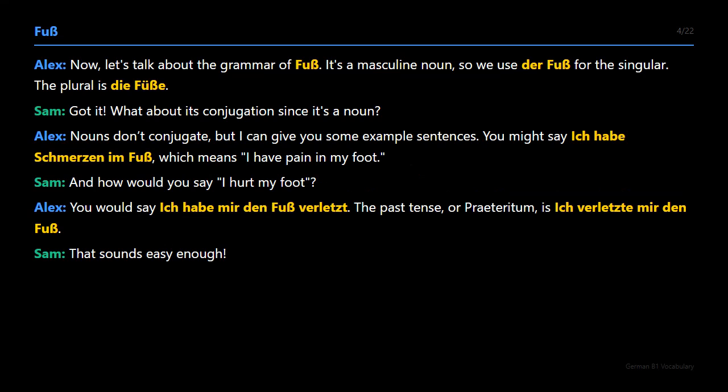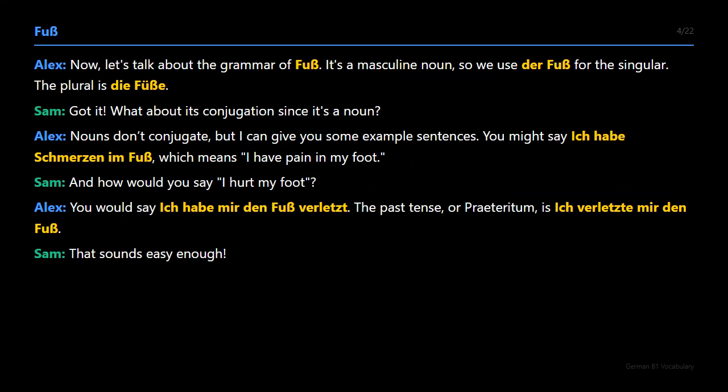Got it. What about its conjugation since it's a noun? Nouns don't conjugate, but I can give you some example sentences. You might say, ich habe Schmerzen im Fuß, which means I have pain in my foot. And how would you say, I hurt my foot?